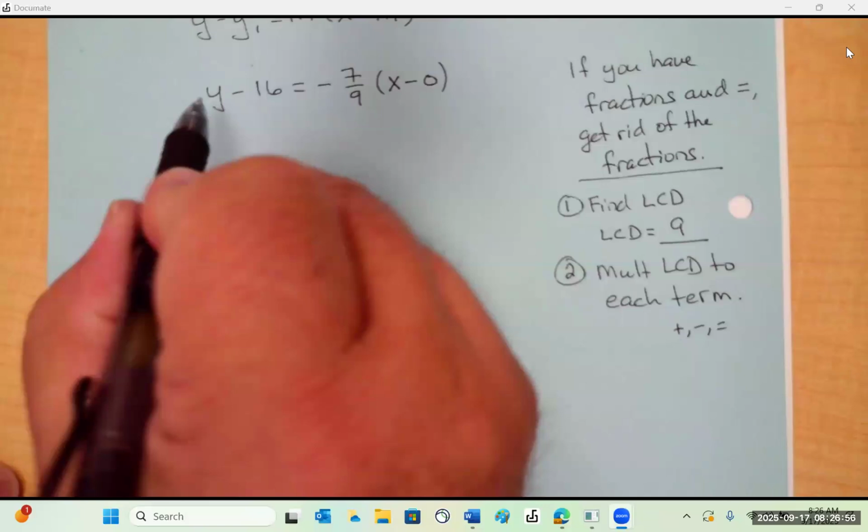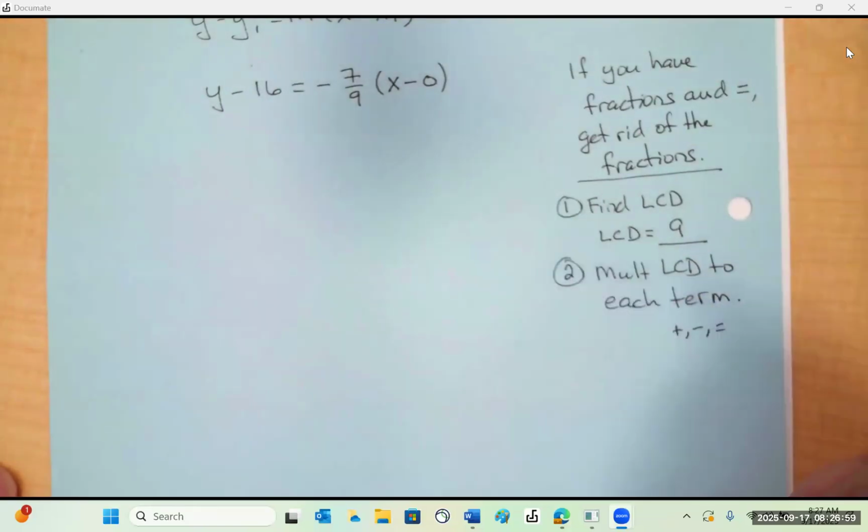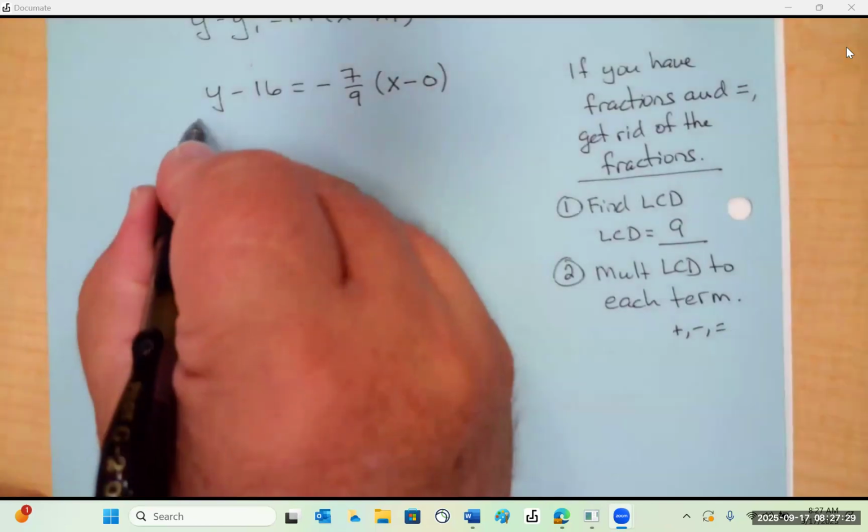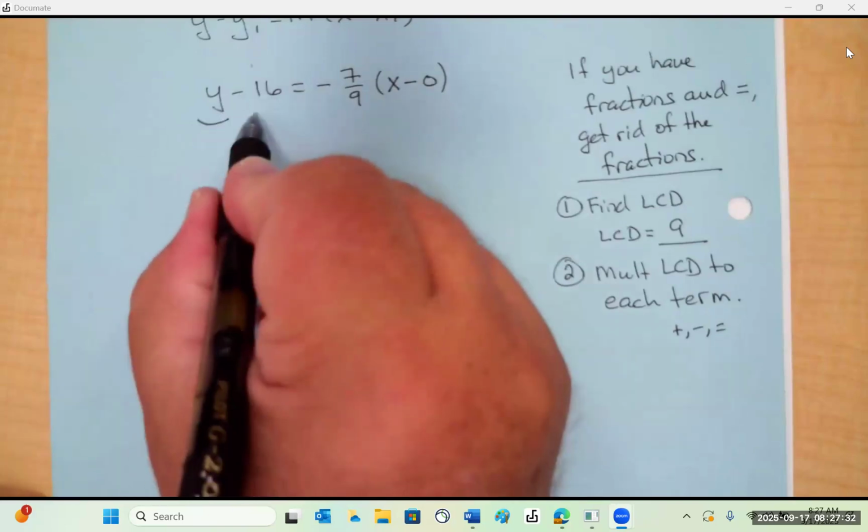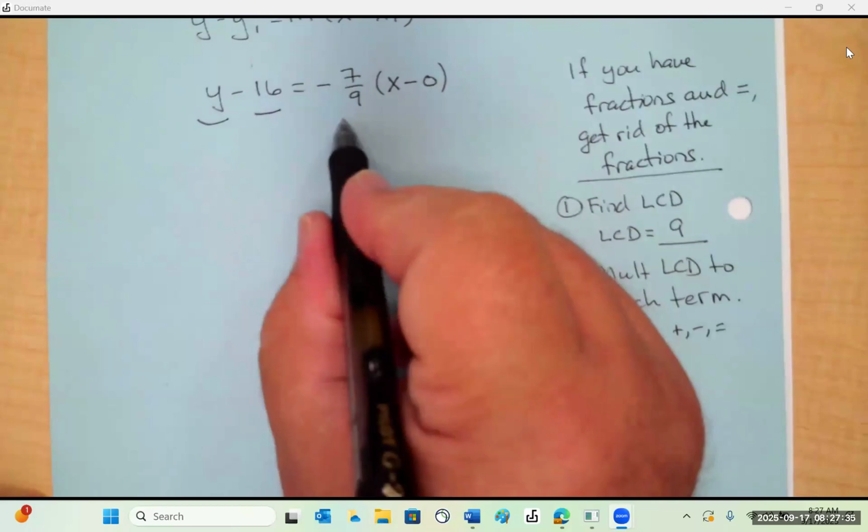So now we take 9. How many terms do we have here? Anybody agree with 3 terms? 3 terms. This is our first term. There's a minus. There's our second term. And there's an equal. This is only one equation here.